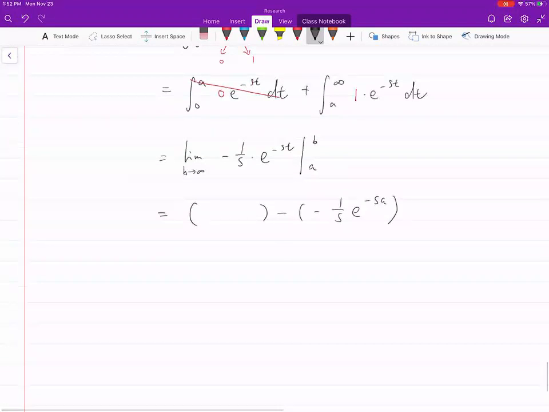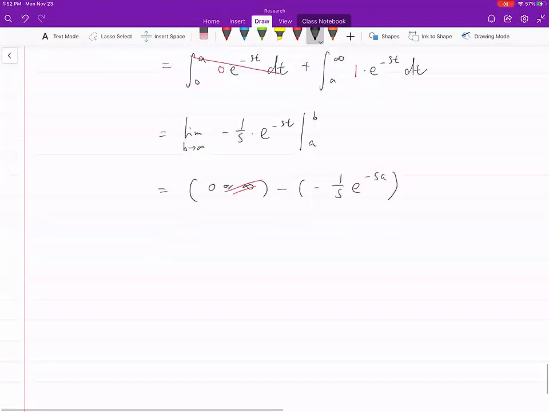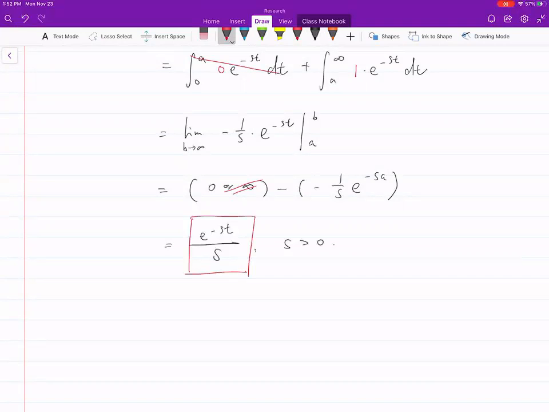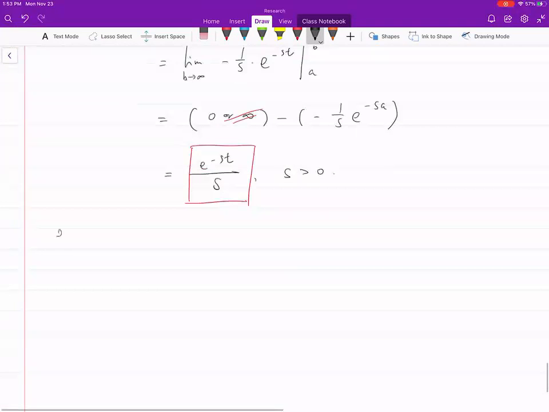Okay. This part will be 0 or infinity. And of course, we don't want this case. So first, this is doable.